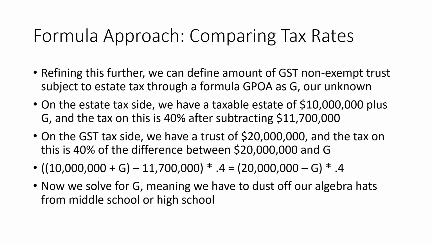So we can simplify our formula down to, on the taxable estate side, $10 million of taxable estate plus G, minus our 11.7 million exclusion, multiplied by a 40% rate. That has to equal 20 million minus G, our constant, multiplied times the same 40% GST tax rate.